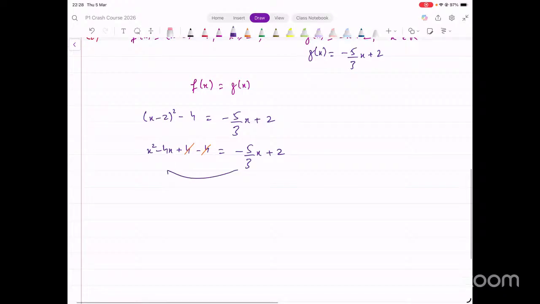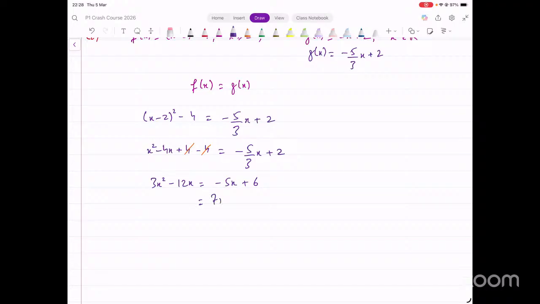You can multiply this 3 on the other side. And that becomes 3x squared minus 12x equals minus 5x. But remember, when we multiply by 3, 3 is also going to get multiplied by 2, right? So minus 5x plus 6. So I've multiplied the whole equation by 3 to get rid of the fraction.